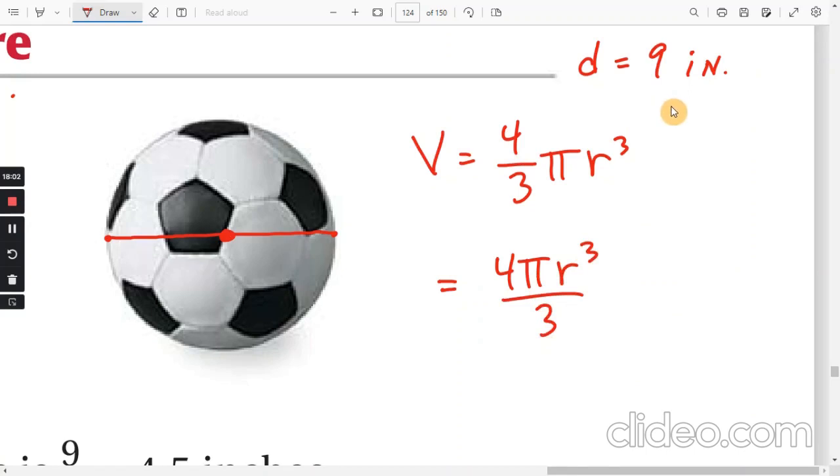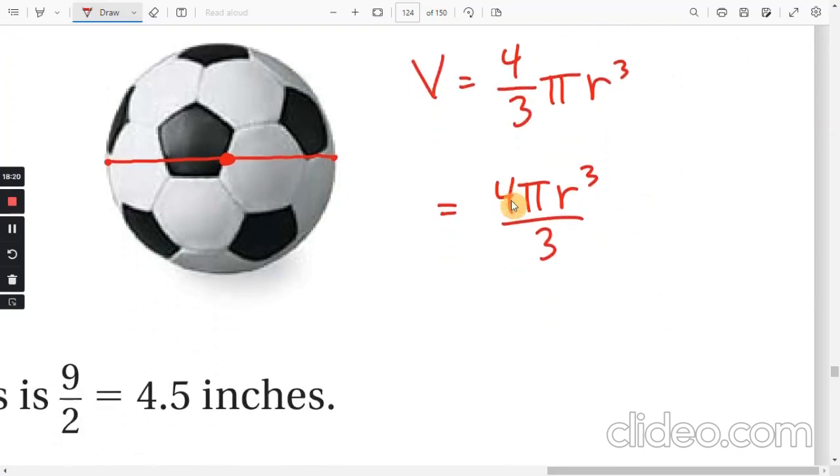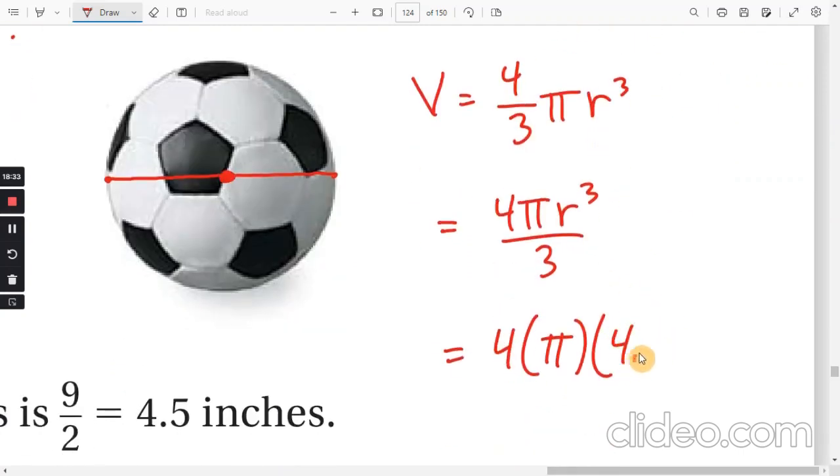Anyhow, if the diameter is 9, we know the radius is half of that. So the radius is just half of 9, which is 4.5. And that's in inches, of course. So we need the 4.5 in place of r. All right, so we have 4 times pi, and in place of r, 4.5, and that's raised to the 3rd power. And that whole thing is divided by 3.